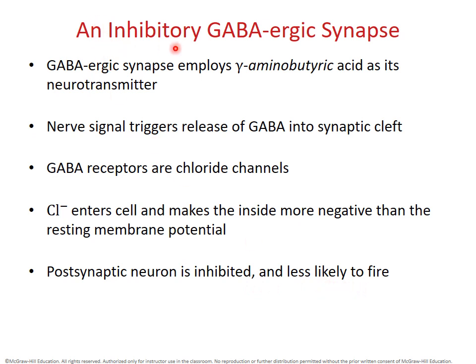So this is what we call an inhibitory GABAergic synapse, which has an inhibitory effect. And so again, we see that neurotransmitters can have excitatory effects by causing depolarization of the postsynaptic membrane, or they can have inhibitory effects by causing hyperpolarization.